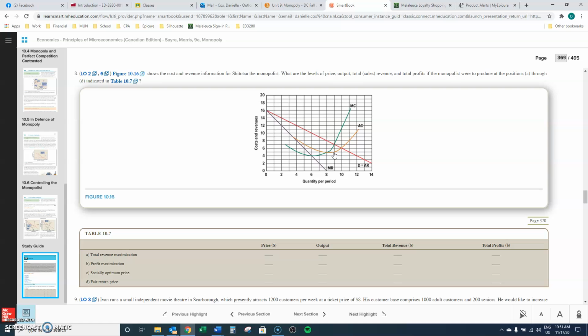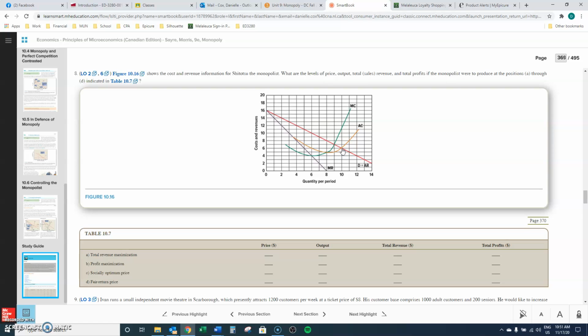And your final one, your fair return price. That is where average cost intersects with your demand, which is here at a quantity of 10 and a price of 6, which gives you a total revenue of 60.